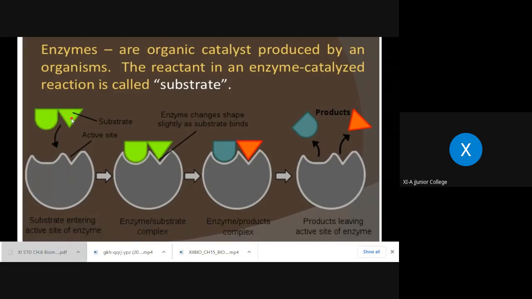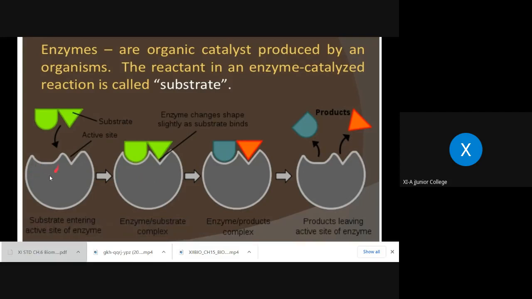This is the substrate on which the enzyme can act, but this is the place where the reaction can take place when the substrate comes in contact with this area of the enzyme. This area is called the active site. The enzyme changes its shape slightly as the substrate comes in contact with it.